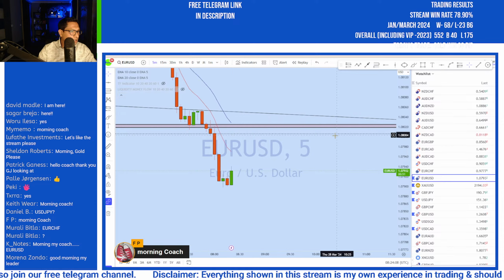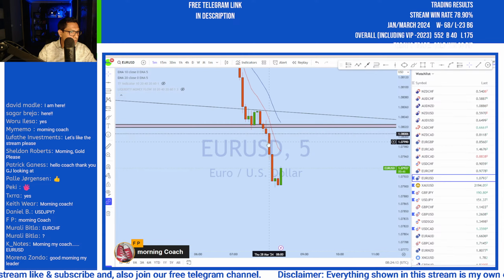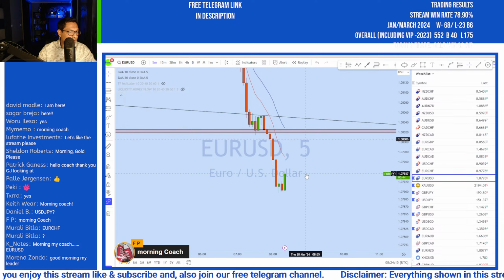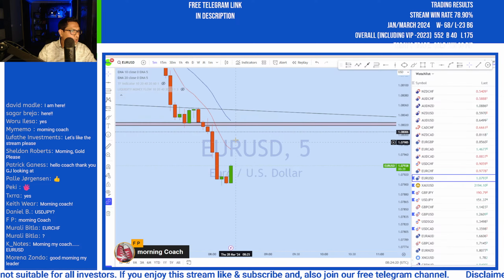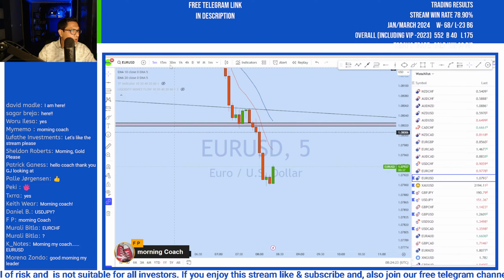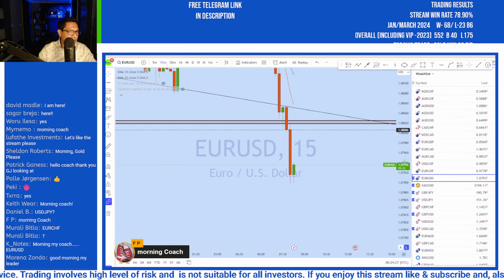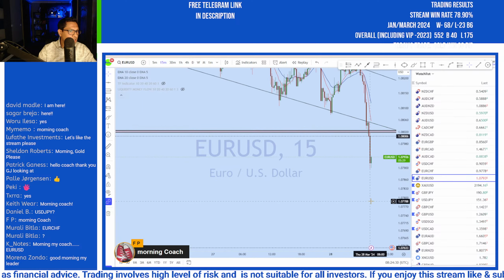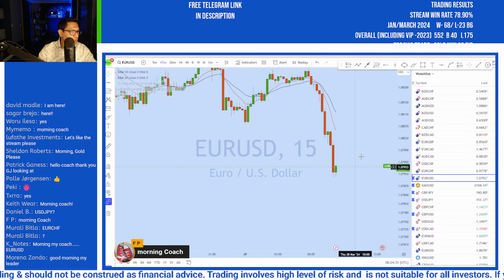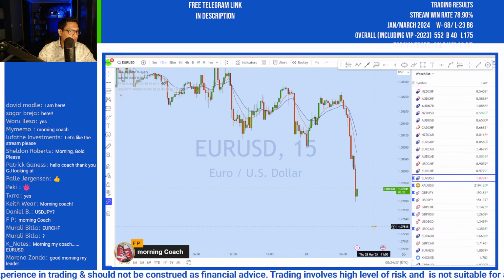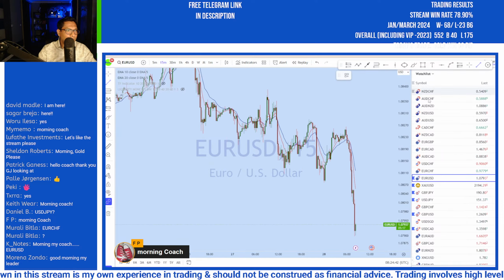So euro dollar, we had a trade early today from here and we closed with profit. It dropped a lot. It was a sell trade. Now I'm expecting euro dollar to bounce again to any of these liquidity zones, because it's a very strongly falling market. So any break to the upside definitely will give another entry opportunity. If we see the market has moved to this significant liquidity zone, you can see it's a complete breakdown here from this channel.